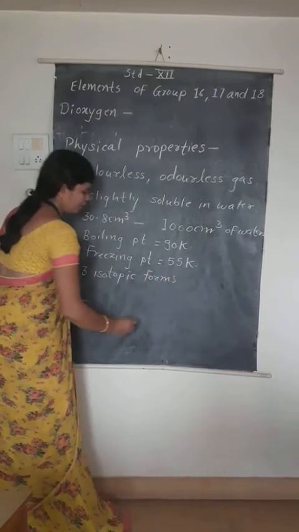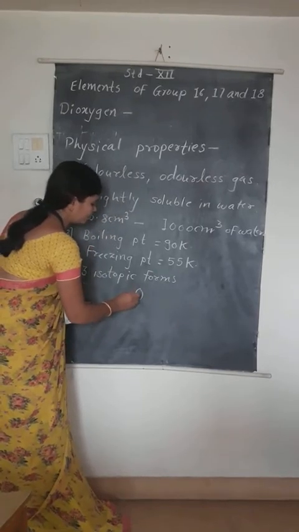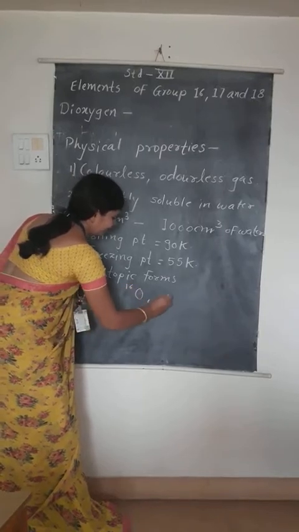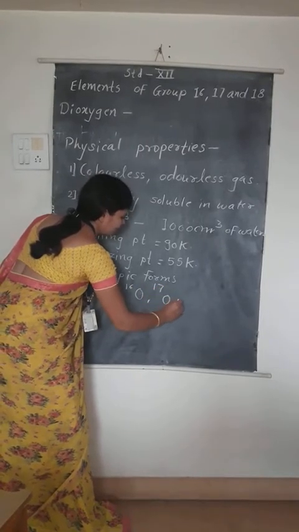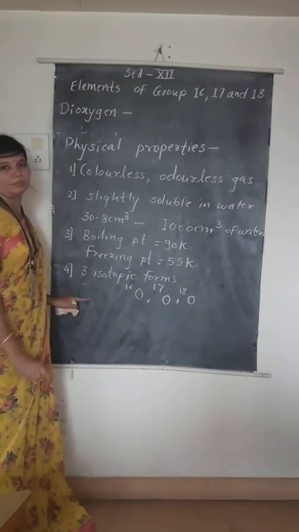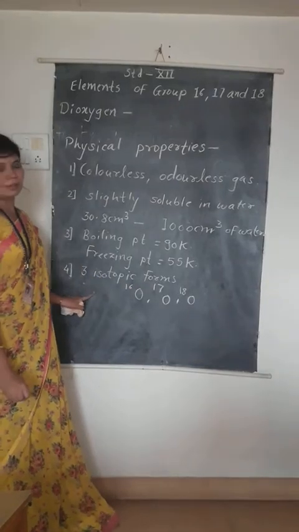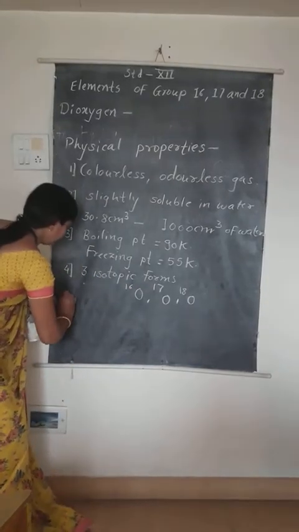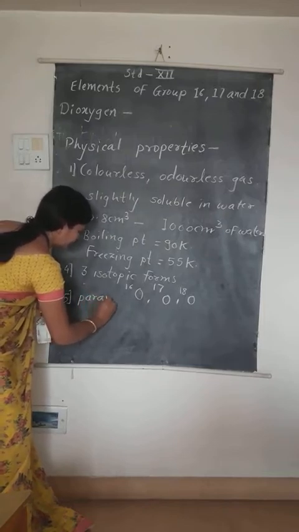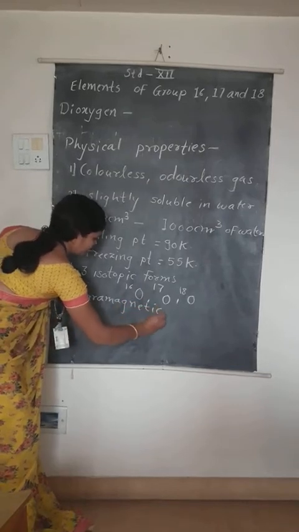These 3 forms are oxygen. In the first isotopic form, the mass number of oxygen is 16, next one 17, and in the last isotope mass number is 18. So these are the 3 isotopic forms of dioxygen. Then next, it is paramagnetic in nature. Dioxygen is paramagnetic.